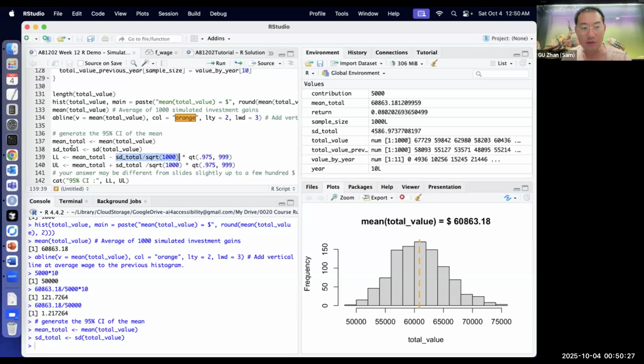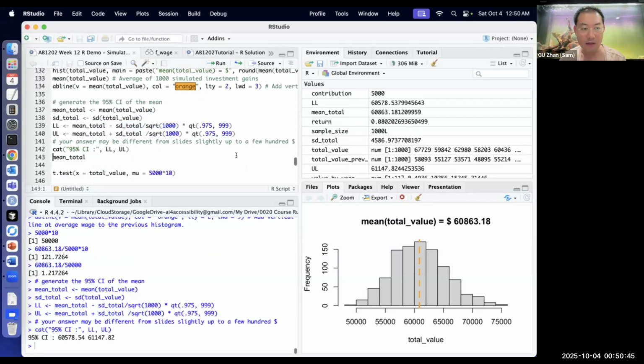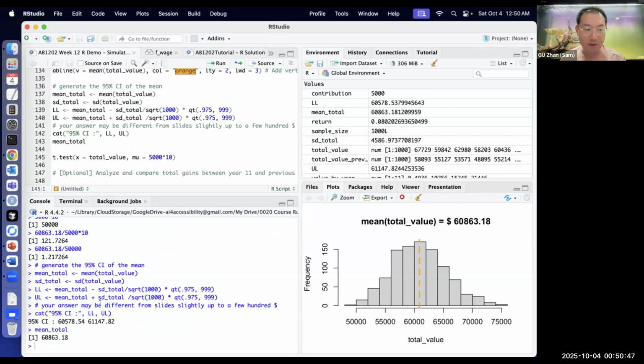Here what you are seeing is the sample standard deviation divided by the square root of n. Then you get the sampling distribution of the mean, times the critical value, the t-score here. So this is your lower bound, upper bound. Then let's display it. So this is the lower bound, upper bound, and the mean value.